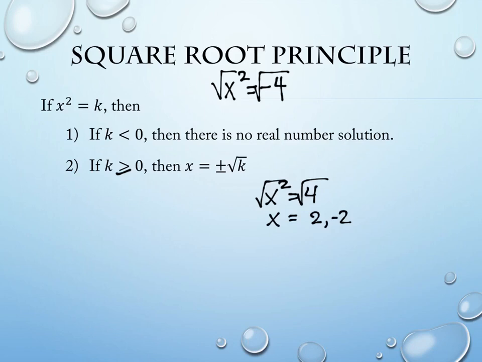Negative 2 times negative 2 is positive 4. I can't take 2 numbers in our number system, multiply them together and get a negative number. It doesn't happen. So when that's the case, we have no real number solution. It's not really no solution, it's just no solution within the real numbers. We will talk more about what happens in that situation in a further lesson, probably end of November. Okay?